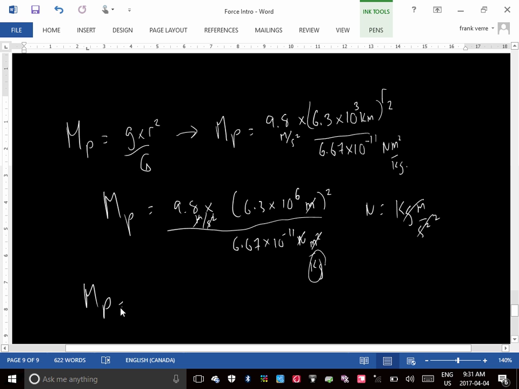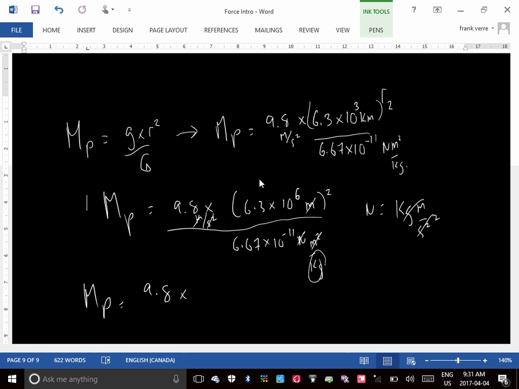Alright, so let's finish this. So little g is 9.8. What is the square of 6.3 times 10 to the 6? So there are two ways you can do this. One, you can take the square of 6.3 and then times 10 to the 12. Or you can just plug it in your calculator.